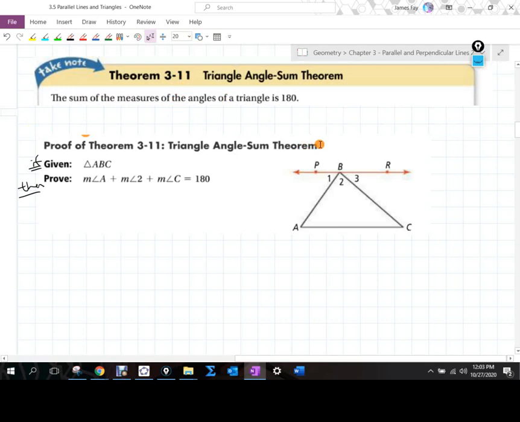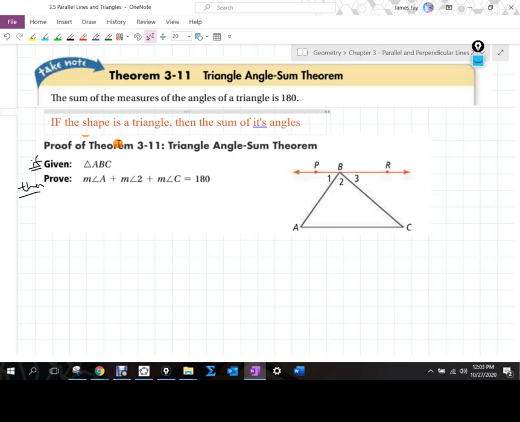Now, this statement is one of many statements throughout the course that is a theorem, but not written as an if-then statement. But it can be. Everything that we see in this class and mathematics can be written as an if-then statement. So I'm going to rewrite this and say, if the shape is a triangle, then the sum of its angles is 180.